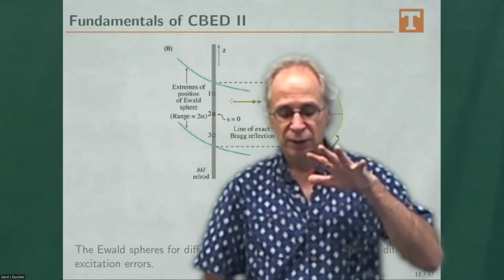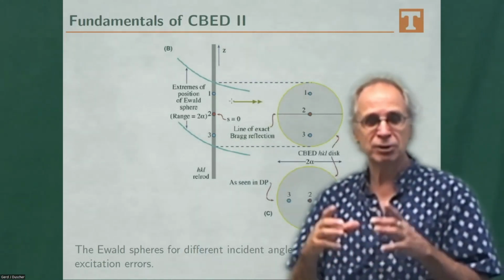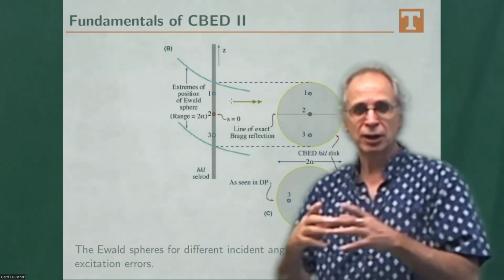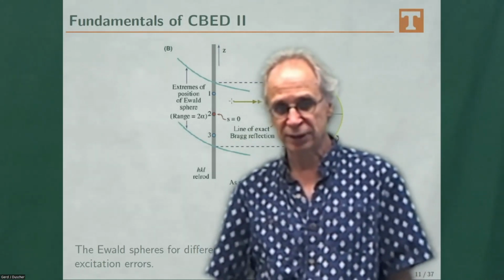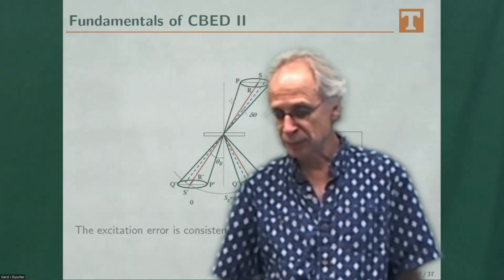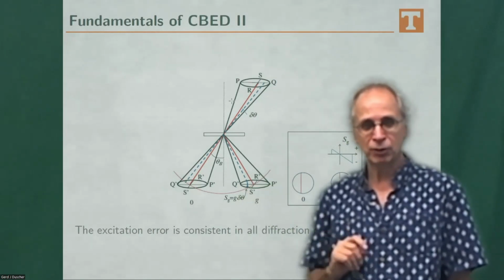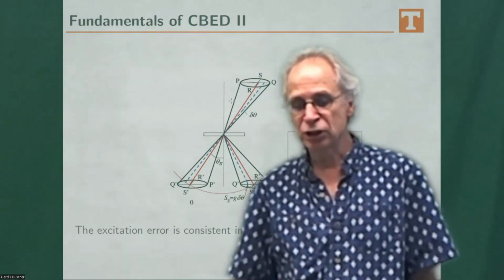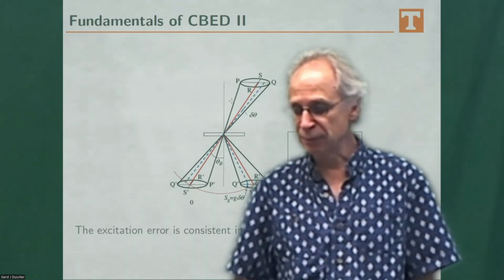And so the whole disk is the same Bragg condition with different excitation errors. And as you go along, you have different excitation errors depending on what your exact tilt is. And again, this is the one for the exact two-beam condition.